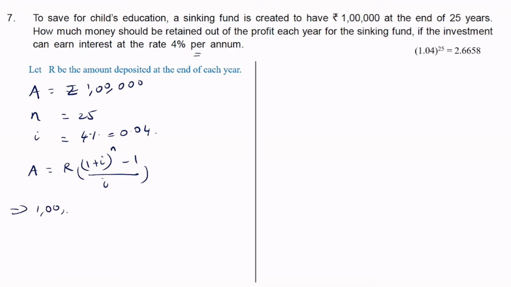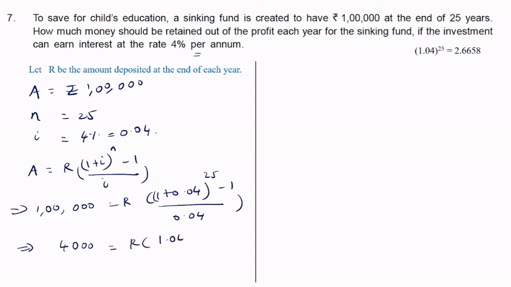A is 1 lakh equal to R into 1 plus 0.04 the whole raised to 25 minus 1 upon 0.04. If we cross multiply, we get 4000 equal to R into 1.04 the whole raised to 25 minus 1.